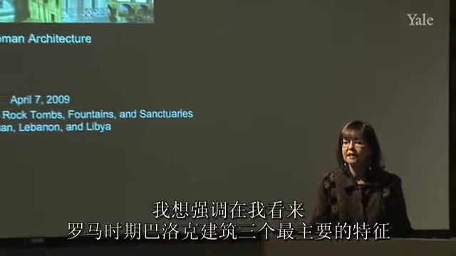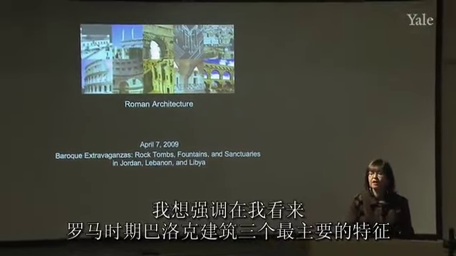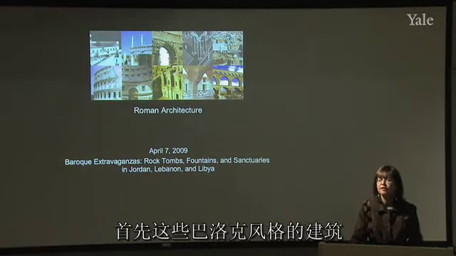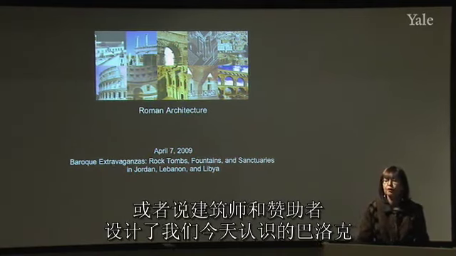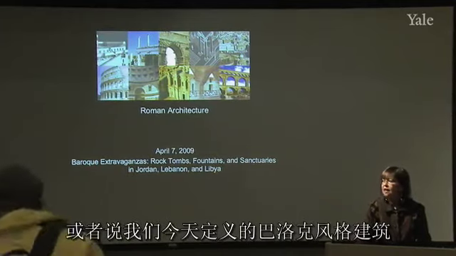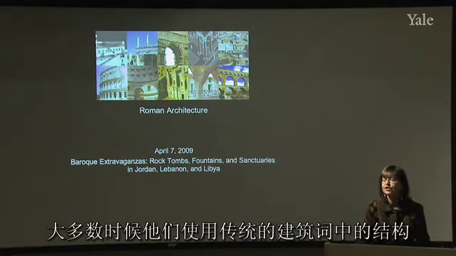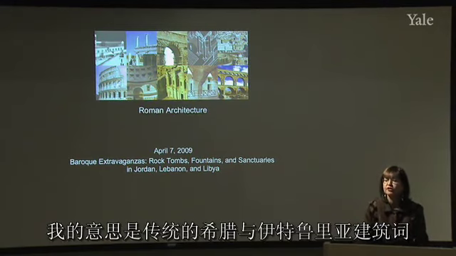I want to make, at the outset, a few points. I want to highlight what I see as the three major features of Baroque architecture in the Roman period. The first is that the architects and patrons who design buildings that we think of today as Baroque use the traditional vocabulary of architecture, by which I mean the traditional vocabulary of Greek and Etruscan architecture, for the most part.